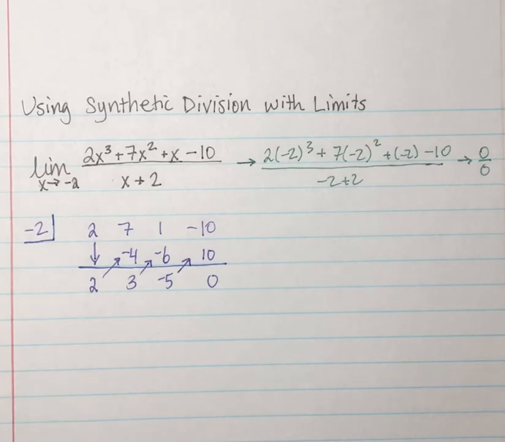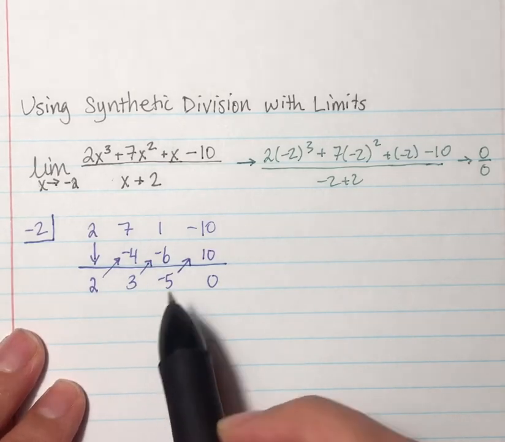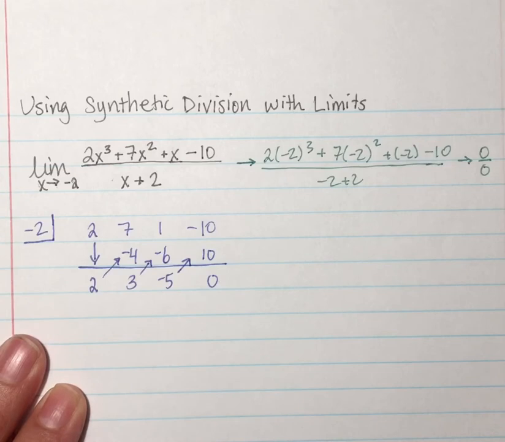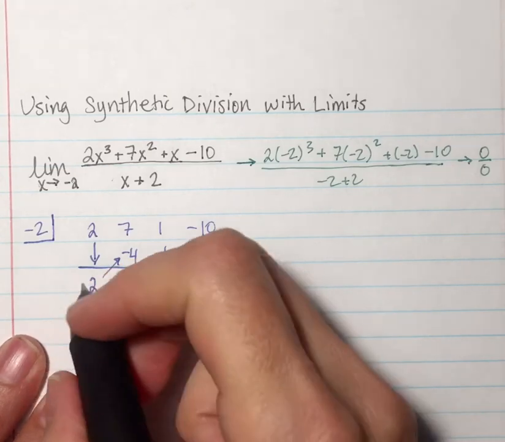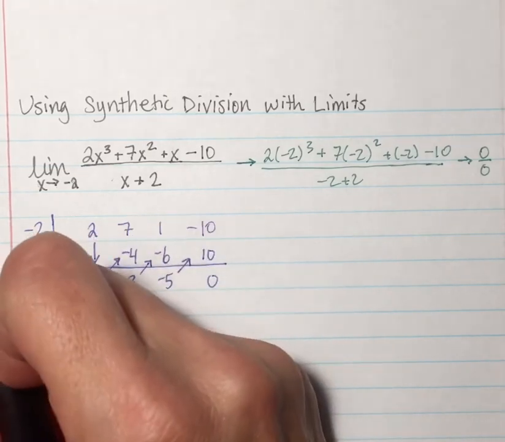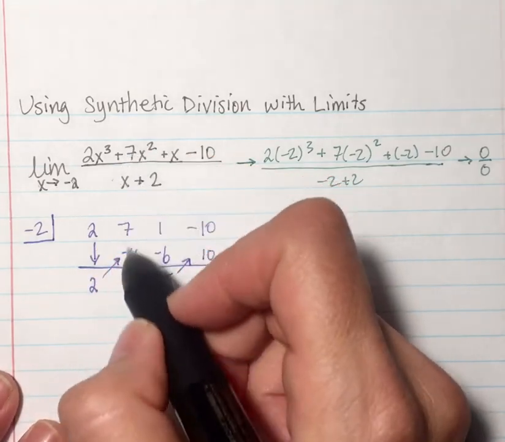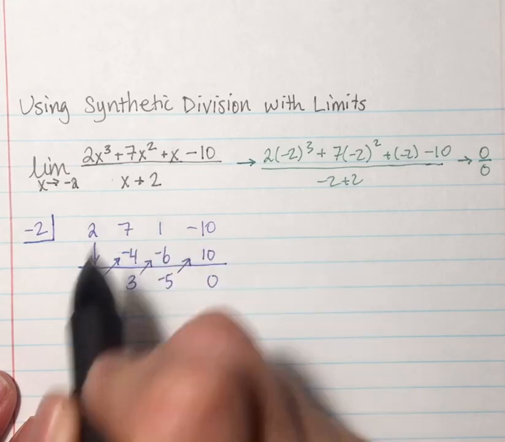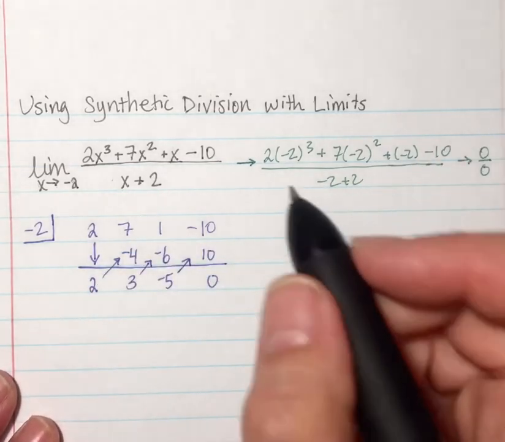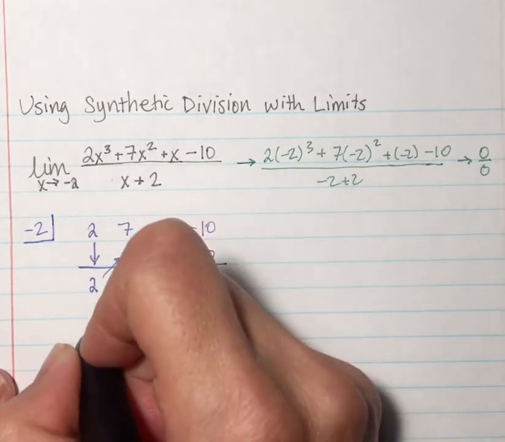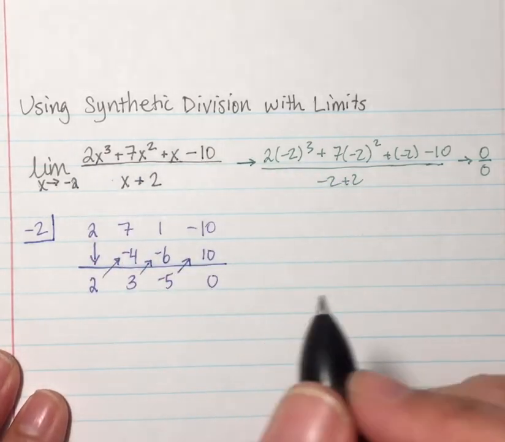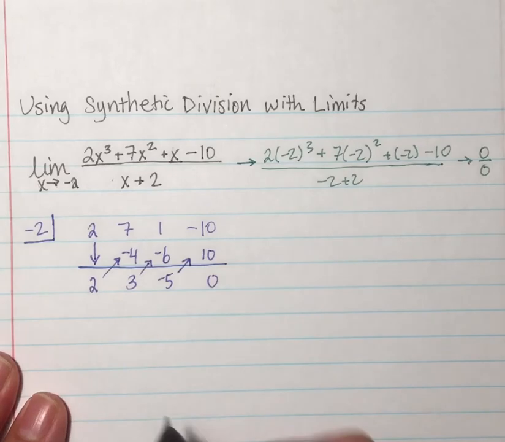So what we have now is this 2, the 3, and the -5. What this means is basically I've just divided this cubic by this x plus 2. So really, what I've essentially done is I've factored that numerator, which I know it doesn't look like I've done, but I have.